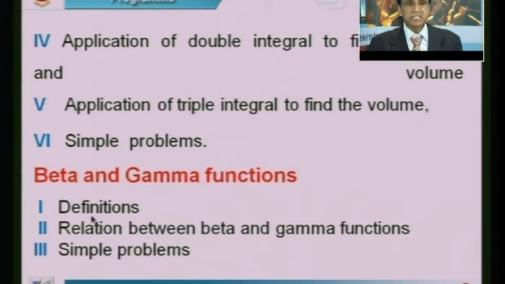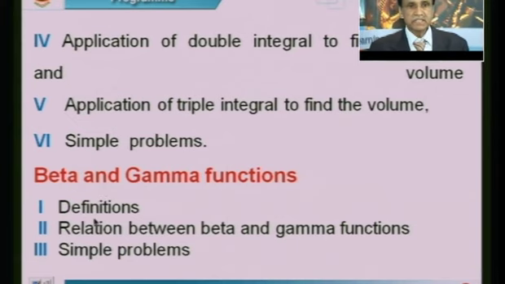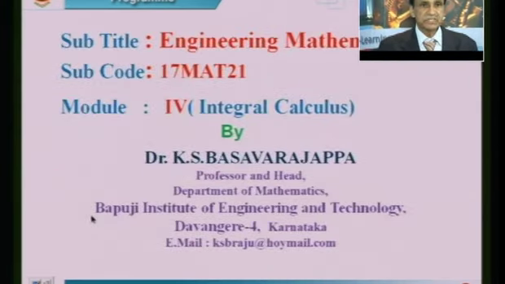In that, the sub contents are definitions of these two functions, and the relation, which is very important, that connects beta and gamma functions. The problems will be followed by the definition and the properties and the relation between beta and gamma functions.